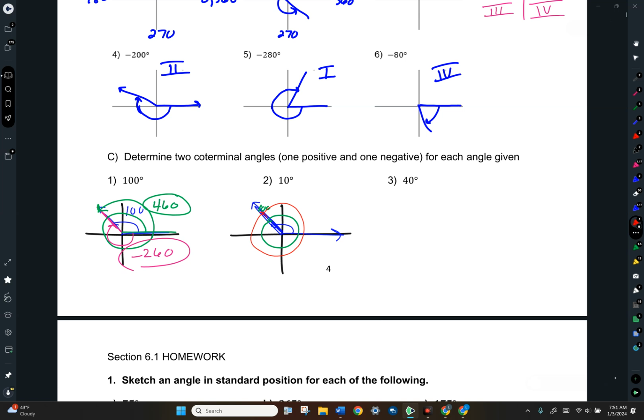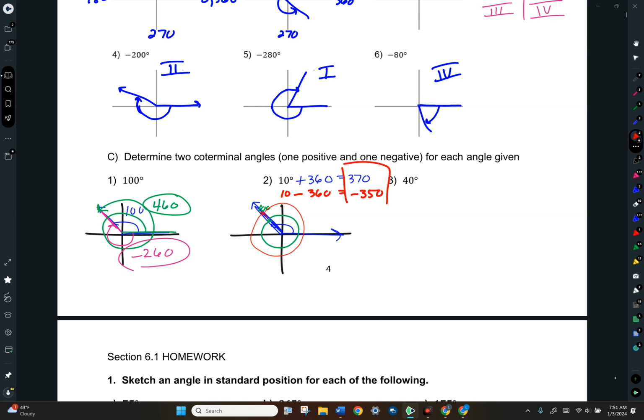But if I go one full circle from that point, it's still going to land at that same terminal side. So really what I'm doing is I'm saying, hey, if I go one full circle in the positive direction, aren't I just adding 360? So 370 would be a possible coterminal. But if I'm going one full circle in the negative direction, that means if I start at 10 and I go in the negative direction, a full circle, then wouldn't that one take me to negative 350?